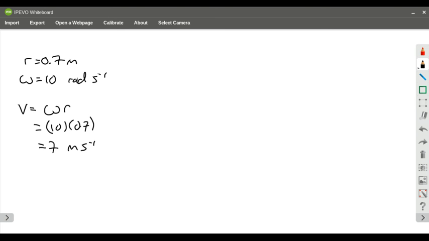How long does it take the ball to complete one revolution? The period of an object is 2 pi divided by its angular velocity. Remember, 2 pi radians is one full circle, and omega is in radians per second.